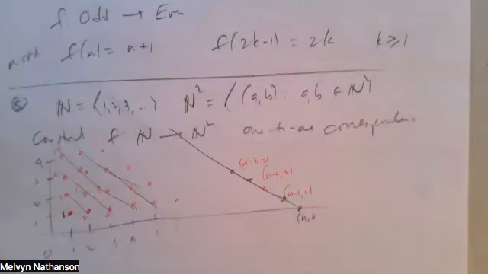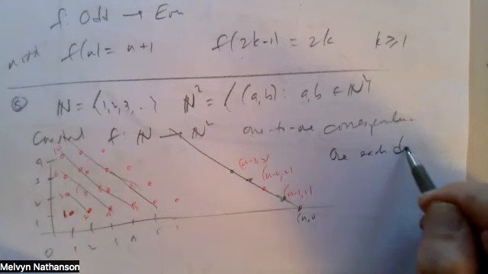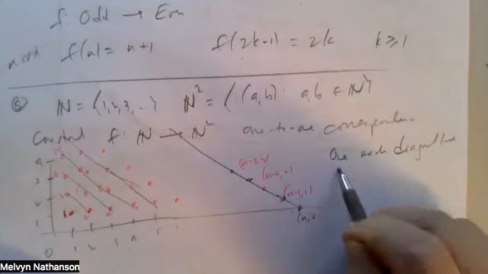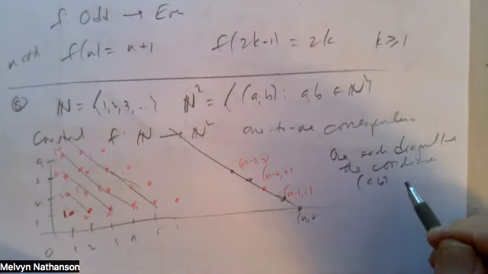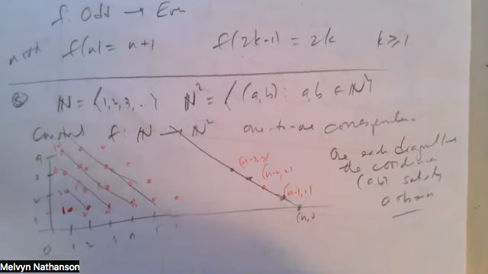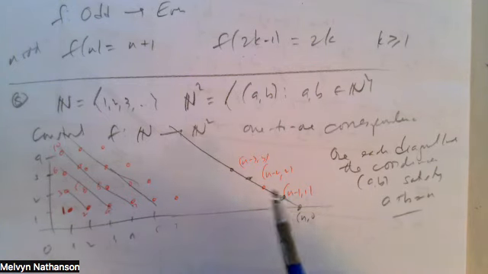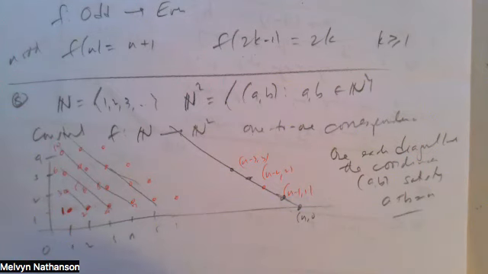So on each diagonal line, the coordinates of the point (a, b) have the same sum. So in any case, just from this picture and this description, this is a one-to-one correspondence between the positive integers and these so-called lattice points in the first quadrant, the points with positive integral coordinates.